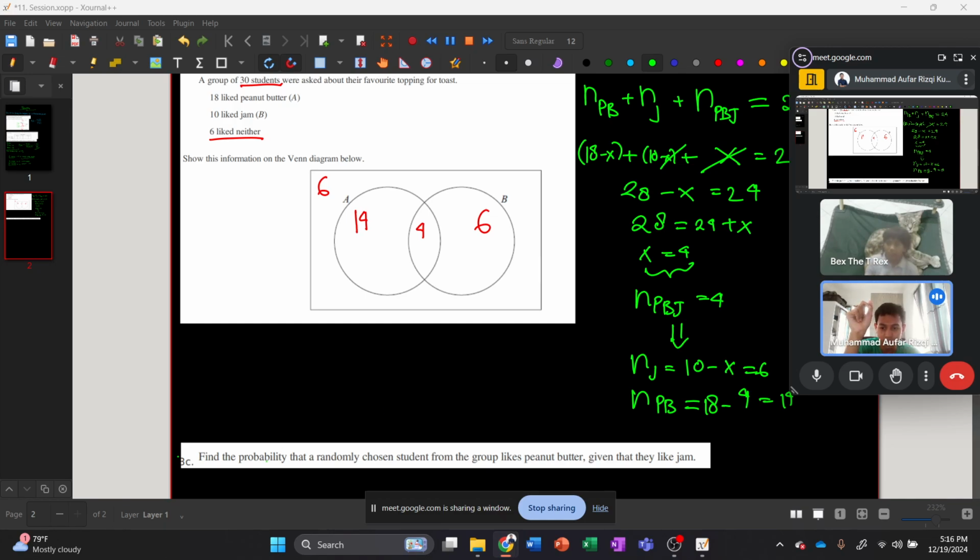As the question goes on, you want to find a randomly chosen student from the group who likes peanut butter, given that they like jam. The given comes first, Bex. Given means that from those 30 students, we want to observe people who like jam, and from those people who like jam, we want to know who likes peanut butter. Get the idea, Bex?